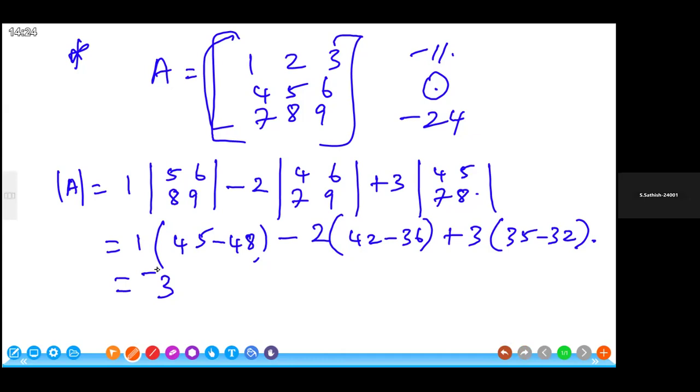Another one is also the same. This one is 36 minus 42. The last one is 32 minus 35.